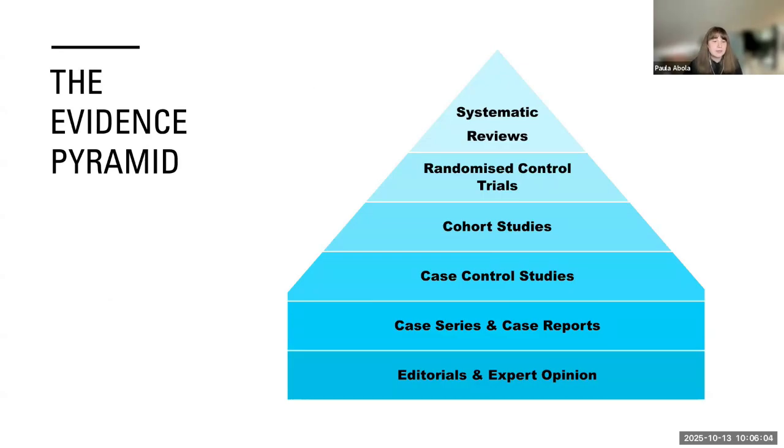They are stronger because they reduce bias, for example, by double blinding the participants and other randomization techniques. But even randomized controlled trials can be contradictory or too small to give us confidence. And at the very top, we find our systematic reviews and meta-analyses, which are the strongest evidence because they bring everything together.